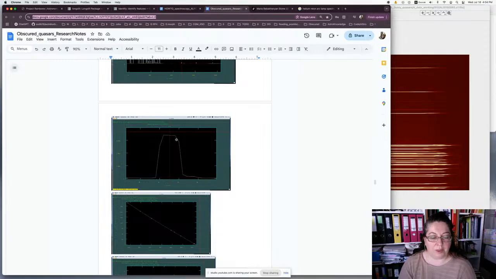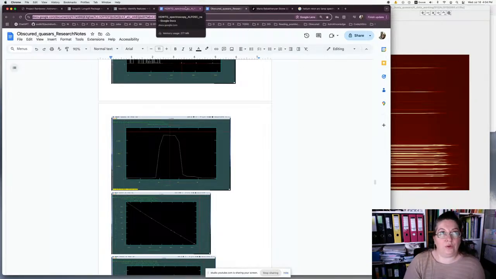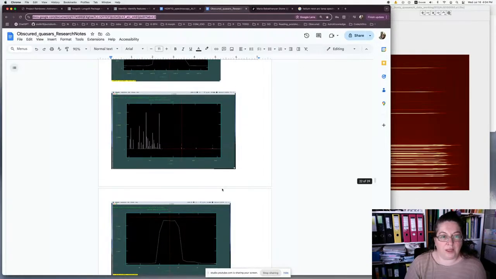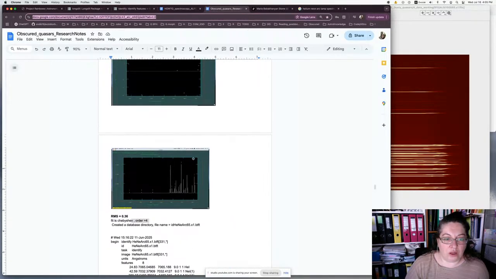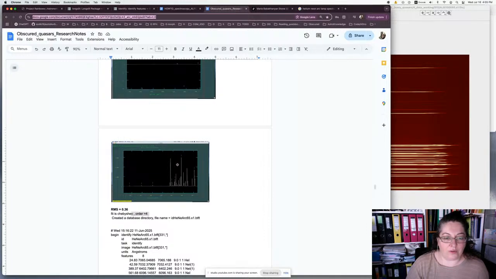So this is the peak. And if you give it too big a value, let's say 20, or 100, then you will see that your identifications at the end are not so good, and some lines are misidentified.